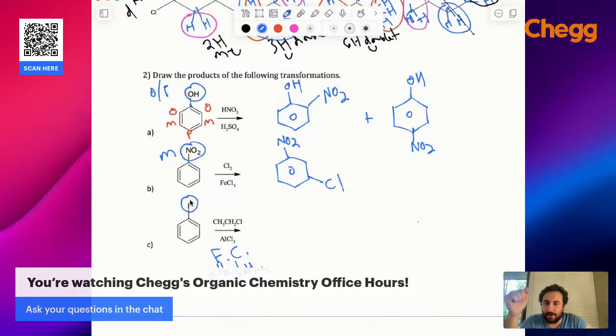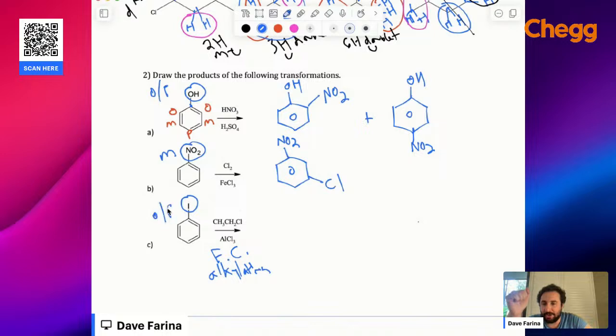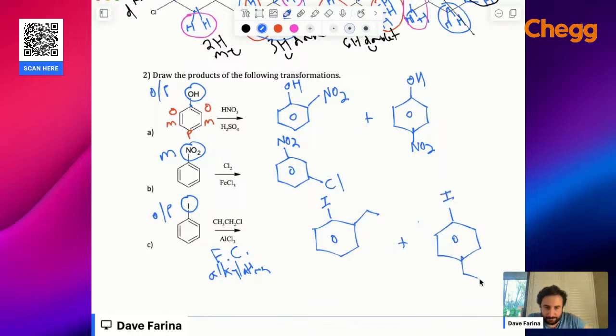And the iodo group is a halogen. Halogens are ortho-para directors. So let's go ahead and add the ethyl group to the ortho and also to the para position.